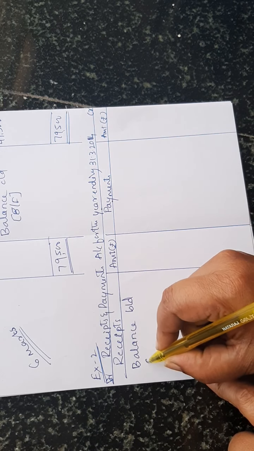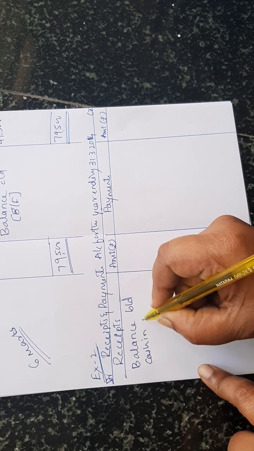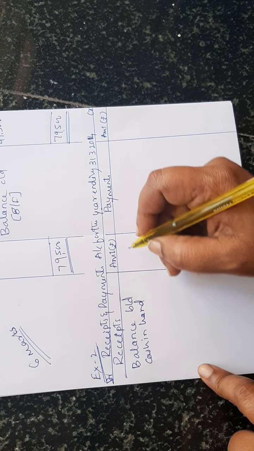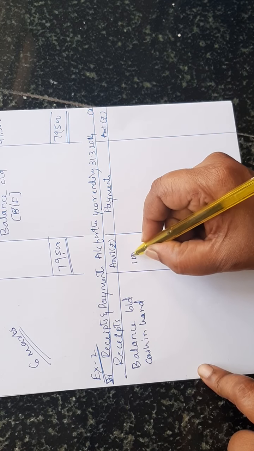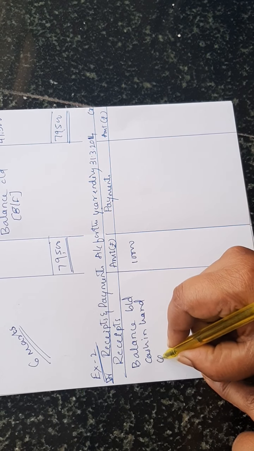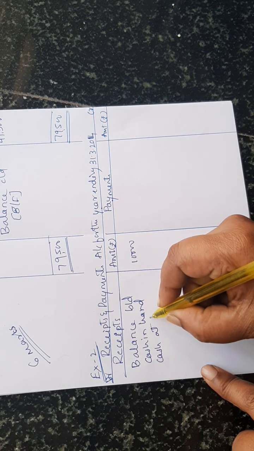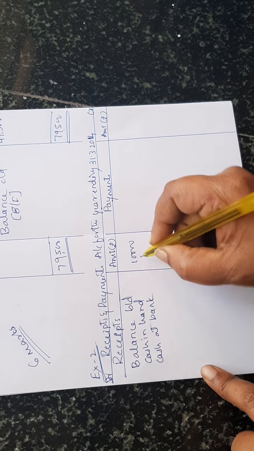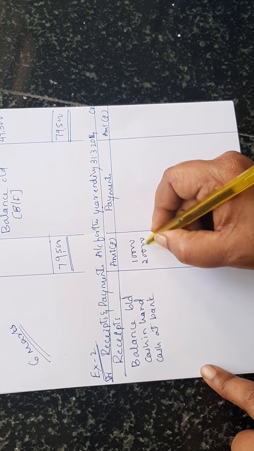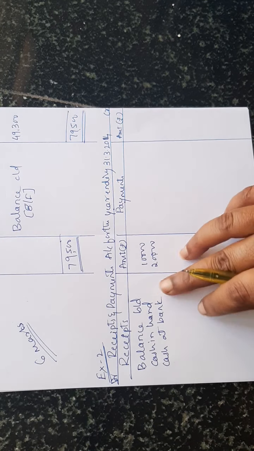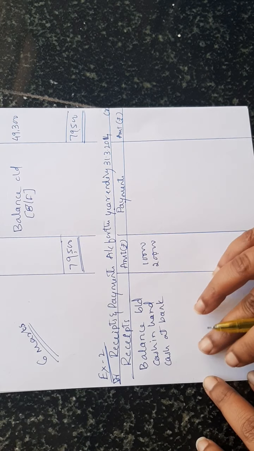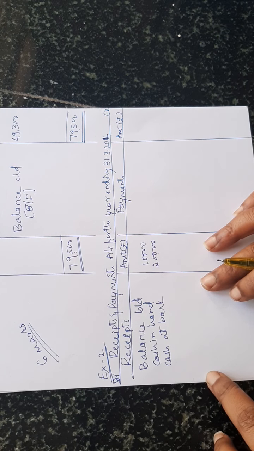Cash in hand 10,000, cash at bank 20,000. Both are opening balances only. Balance brought down, we have two, cash in hand and cash at bank.